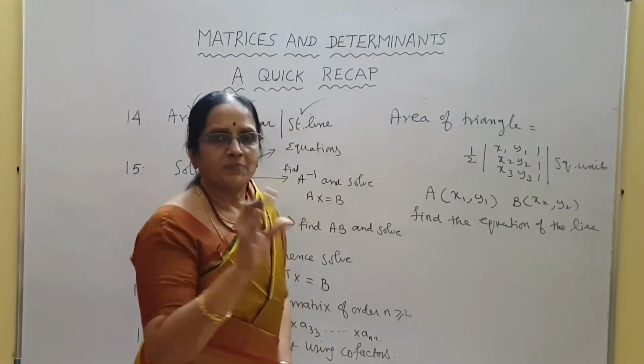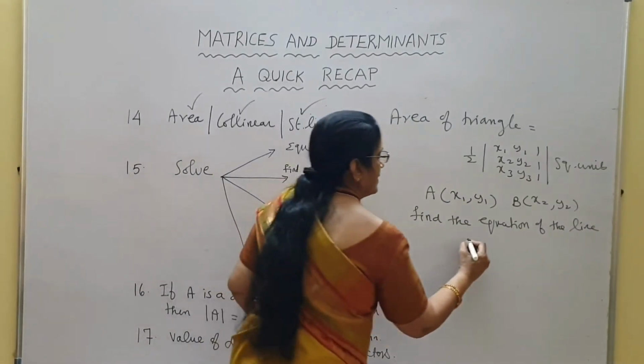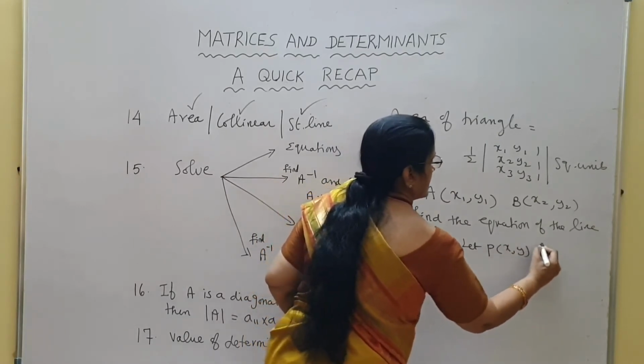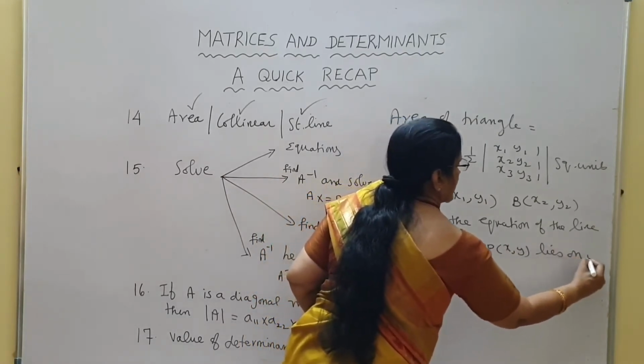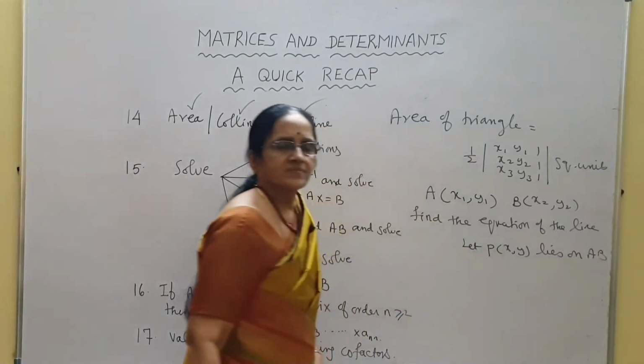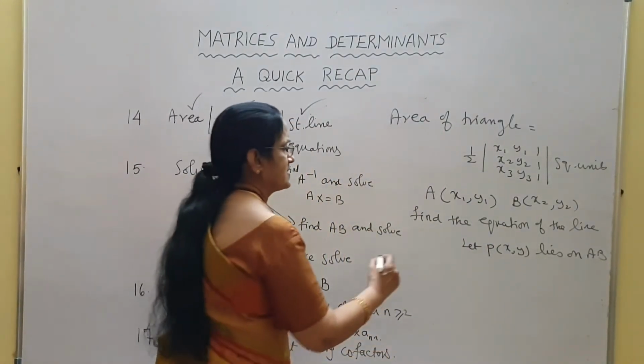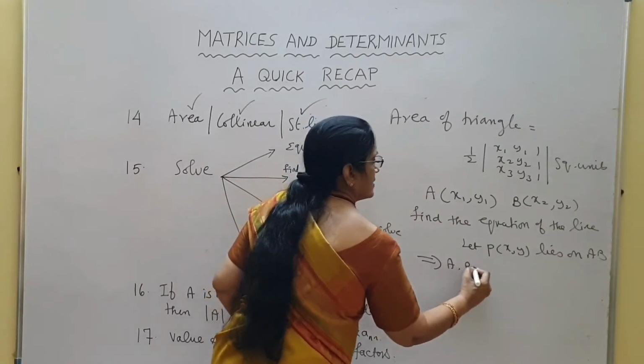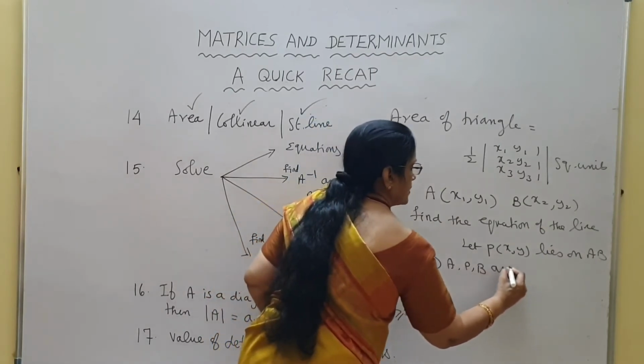Then this method should come to your mind. You have to take, let P x comma y lie on AB. Then what will happen? This implies A, P, B are collinear.